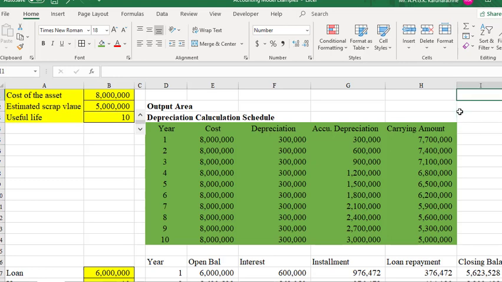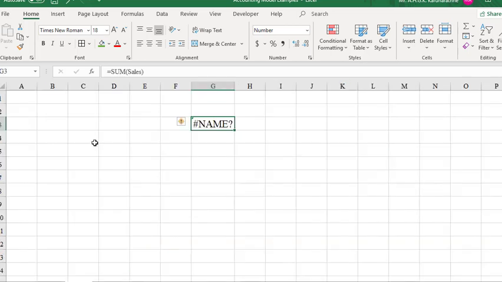The first model I developed computes depreciation. What is meant by depreciation?